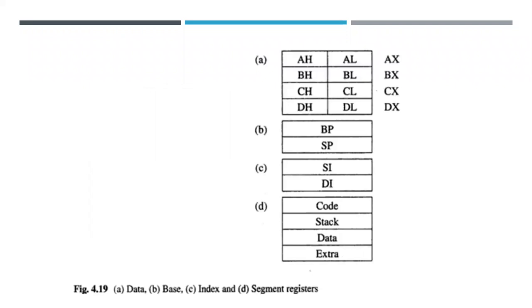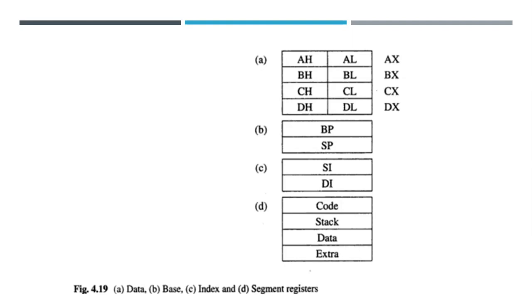Now this is the next slide. We have AX, BX, CX, DX, which are divided into two halves, AH and AL. AH is 8-bit, AL is 8-bit. Similarly, whenever we want to do a 16-bit arithmetic operation, we can use the whole AX, but whenever we want only 8-bit, then either AH or AL can be used. Next are BP and SP as we discussed. Then we have the index registers SI and DI.